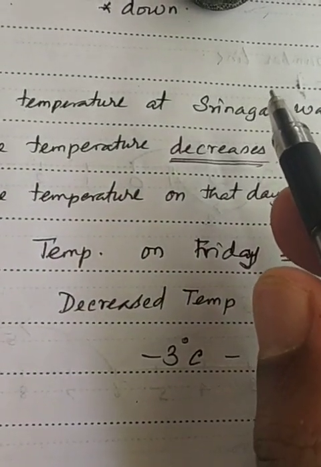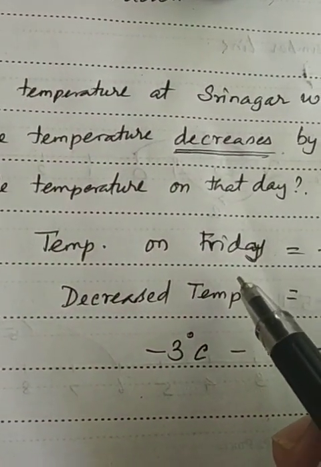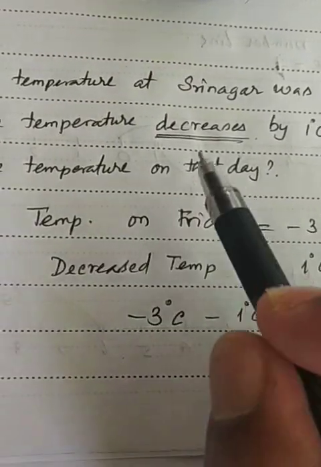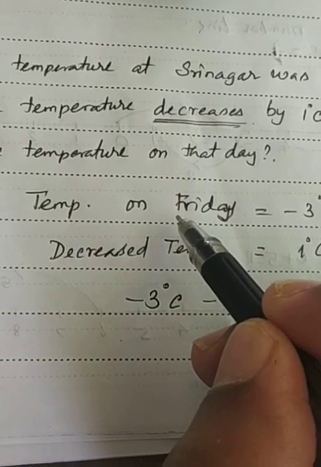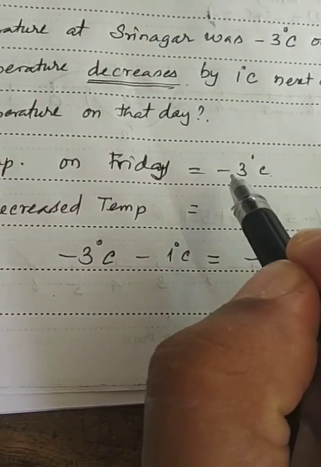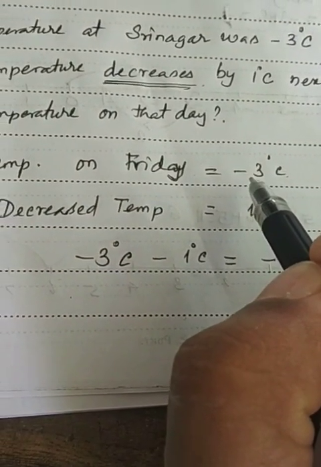From the given question, we have to write the necessary statements. First thing which is given is the temperature on Friday. Temperature on Friday is -3 degrees.